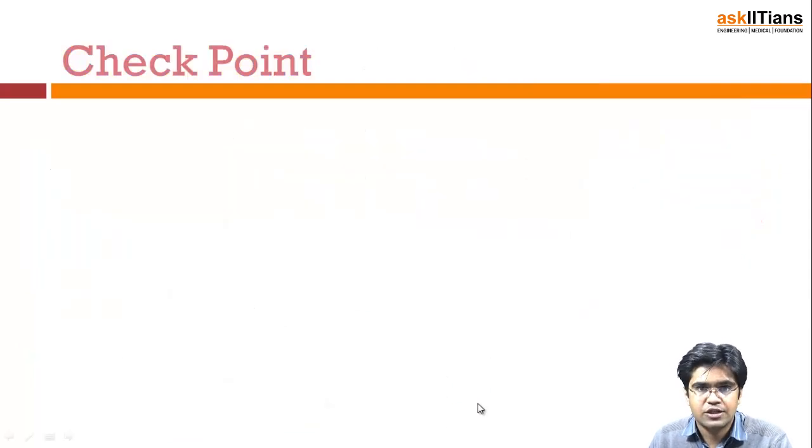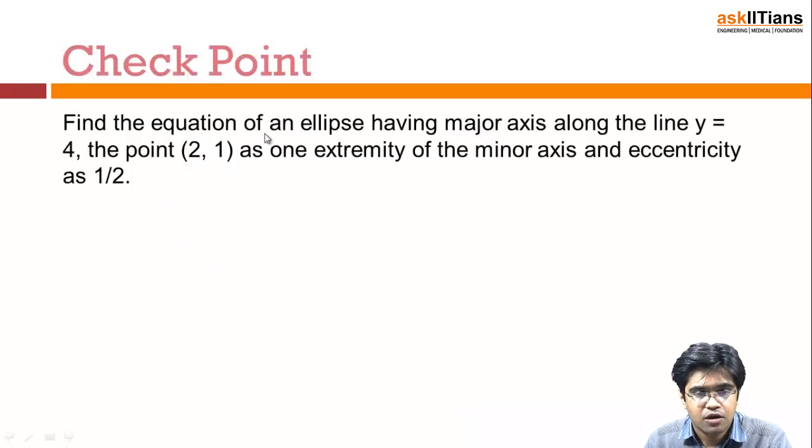So let's check how well we have studied. This is checkpoint number 1. Find the equation of an ellipse having its major axis along the line y equals 4. Let me draw it: this is the major axis and this line is y equals 4. Remember, the major axis is not along the y axis, so this is a tilted one.